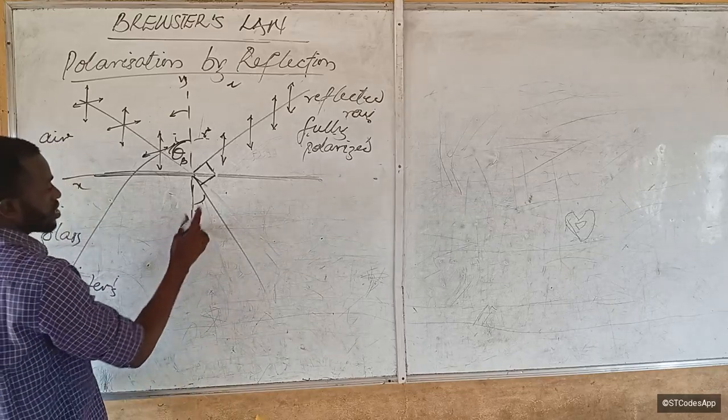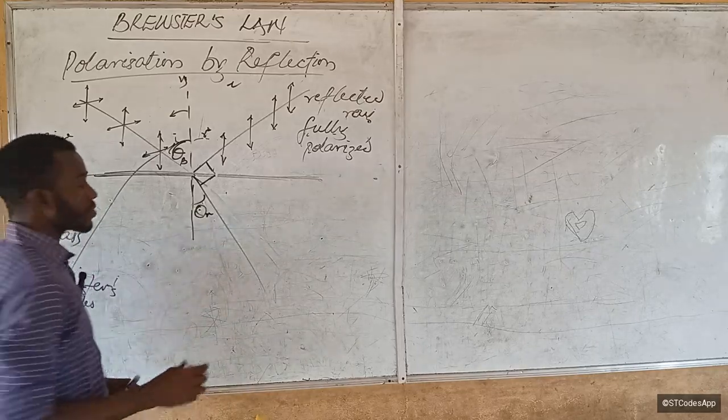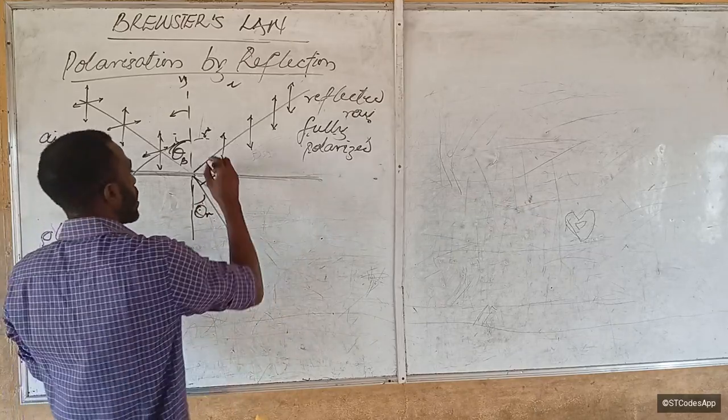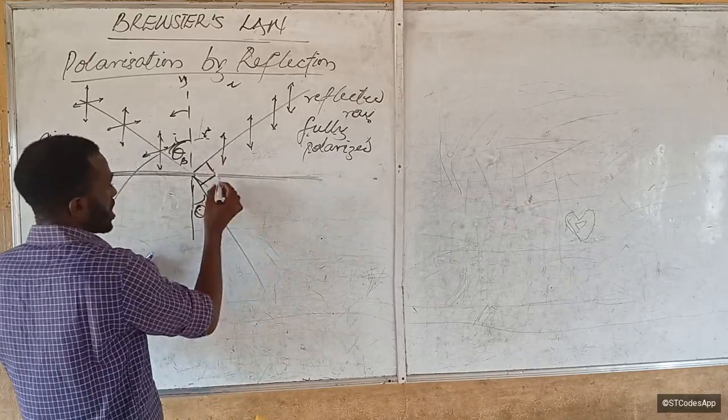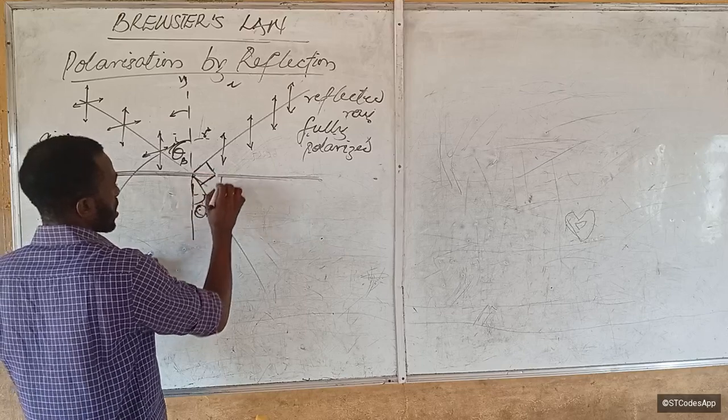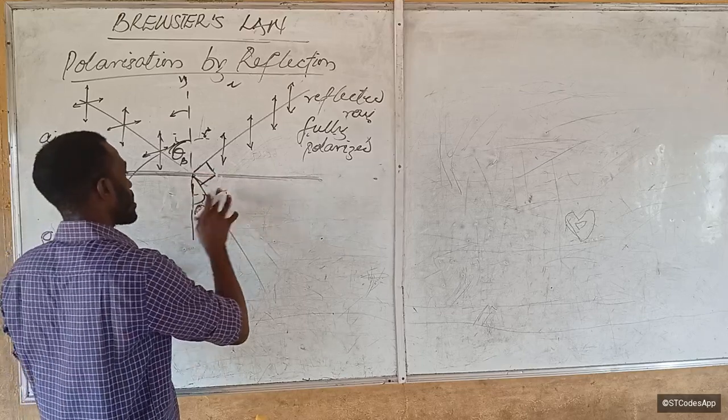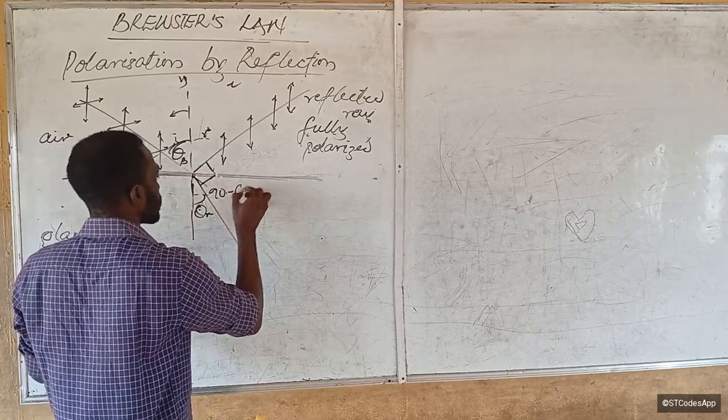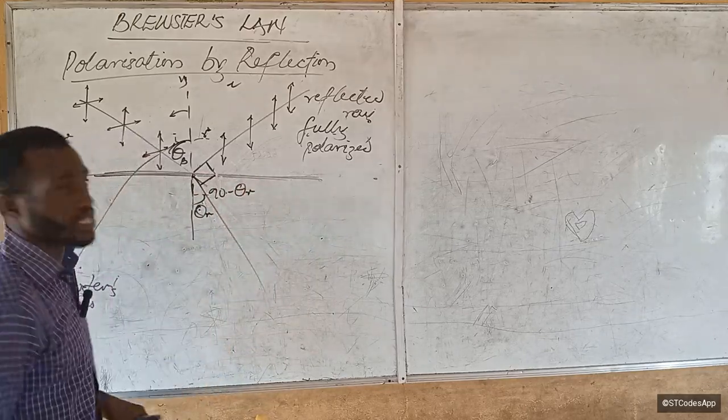Okay, so let's call this theta r, for the angle of refraction. Remember that initially from here to here is also 90 degrees. So it means that from here to here will be 90 minus theta r. Does that make sense?